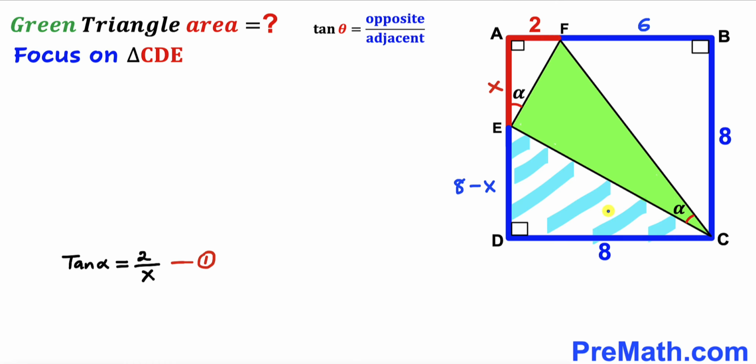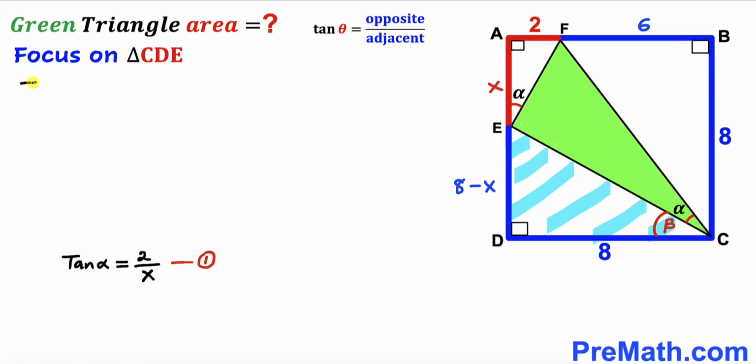Now we are going to focus on this other right triangle CDE. I'm going to label this angle as our angle beta. Once again we apply the trigonometric ratio: tangent of theta equals opposite divided by adjacent. In our case, for angle beta, our opposite side is 8 minus x, and our adjacent is 8.